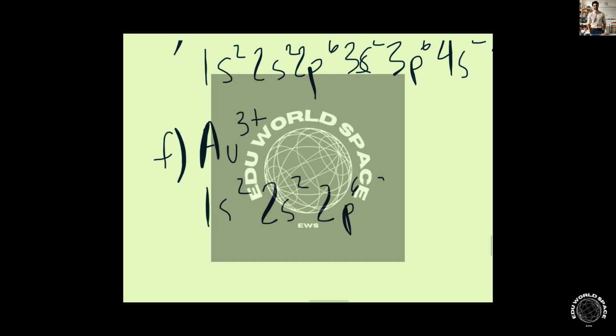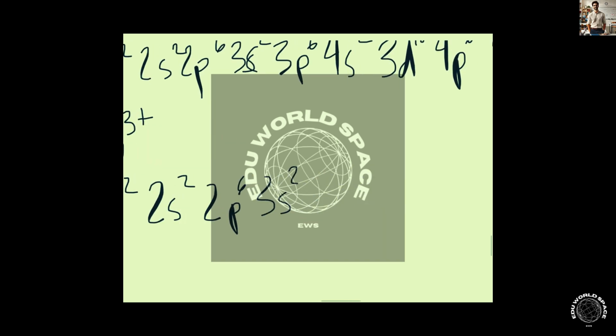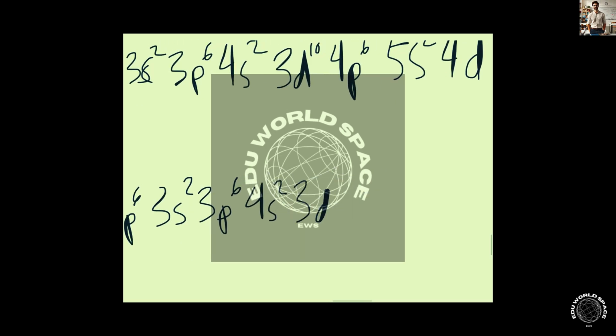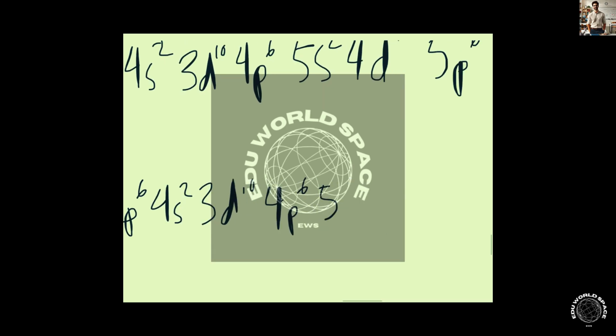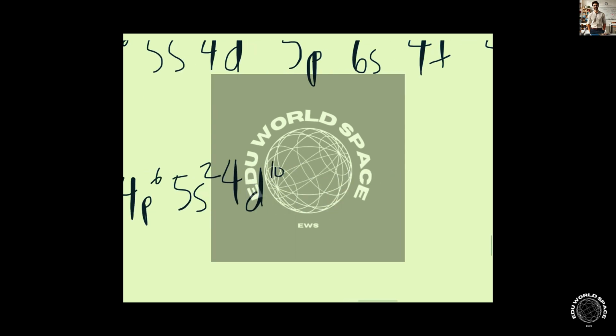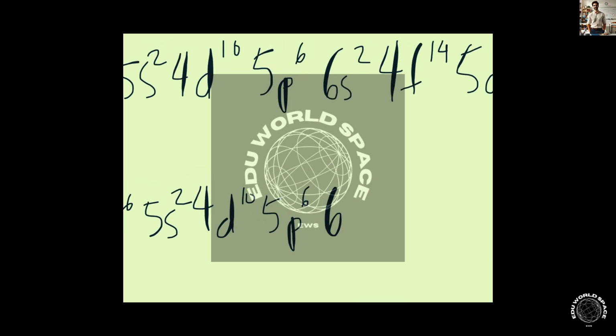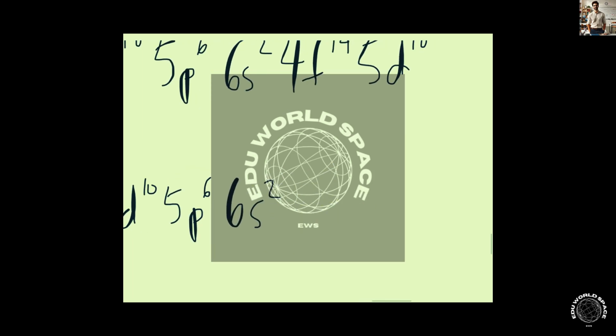So 1s2, 2s2, 2p6, 3s2, 3p6, 4s2, 3d10, 4p6, 5s2, 4d10, 5p6, okay?